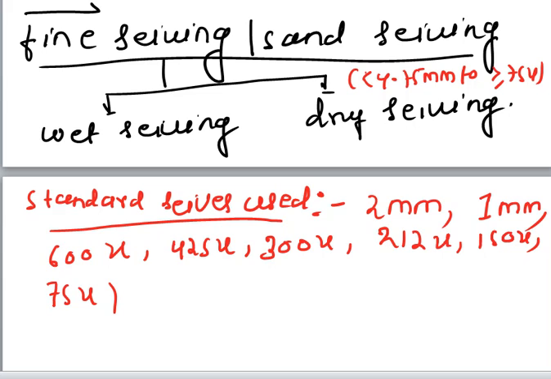There are no sieves that really exist finer than 75 micron. Can you guess what 75 micron is? It is multiplied by 10 to the power minus 3. That is a small sized sieve.